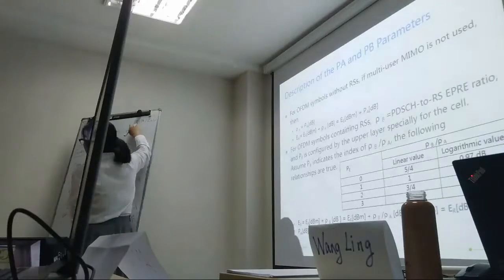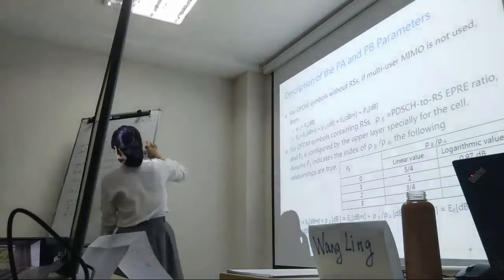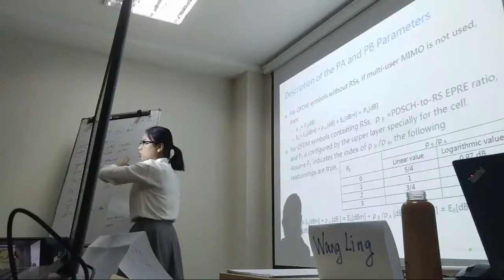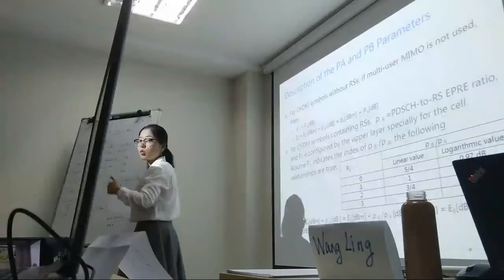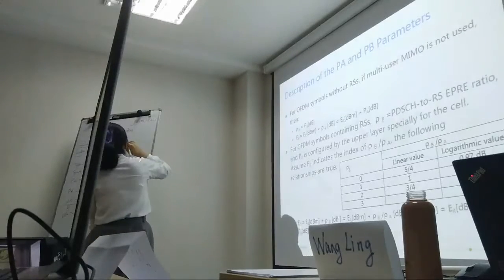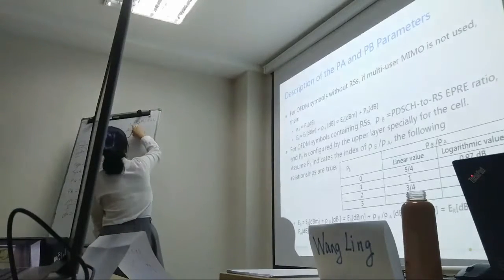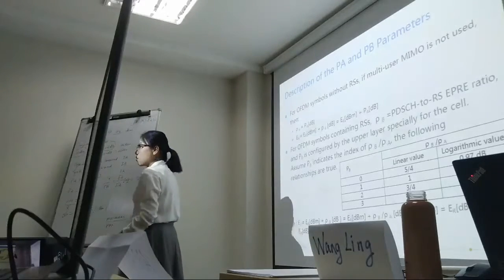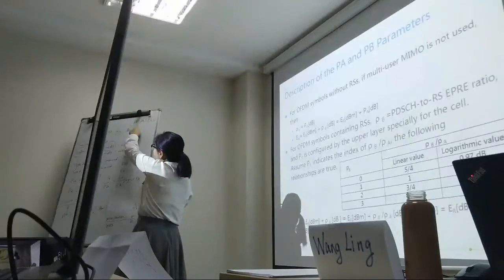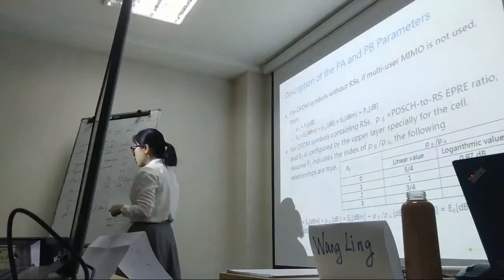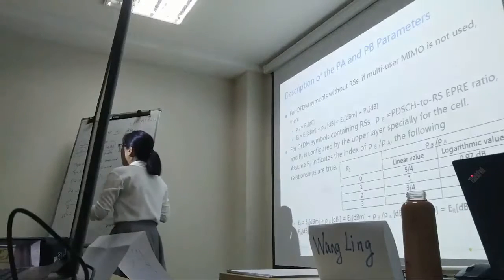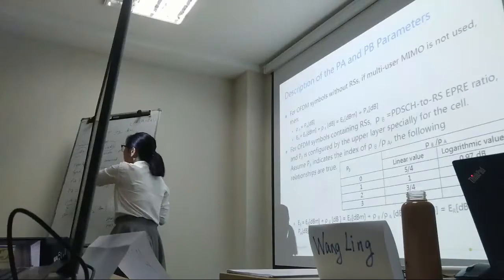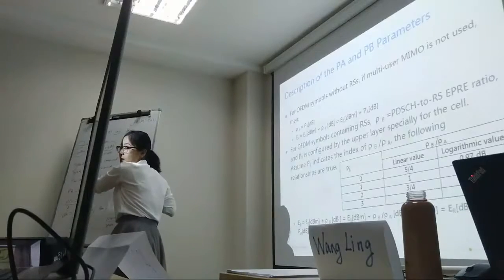If we just use the EREAB to calculate it, we don't use the real value. So for PA equals -3, that means the type A RE is half the power of RS.